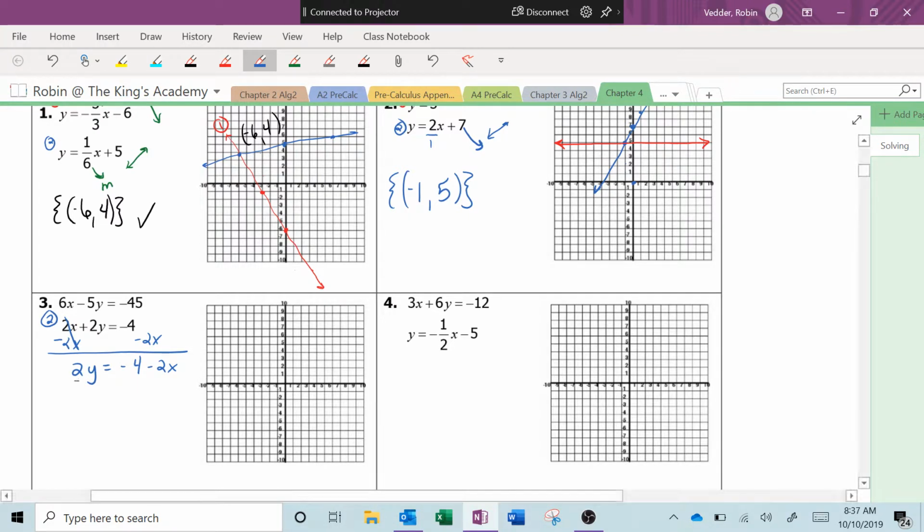divide. I'm still seeing a couple of people do this and stop. What's the problem with that? Yeah, it's not balanced right now because we haven't divided the -2 by 2. So you have to divide. When you divide or multiply, you have to do it to every single term.